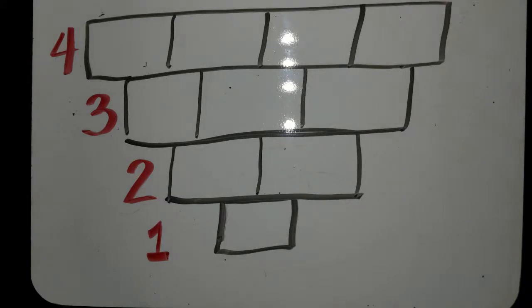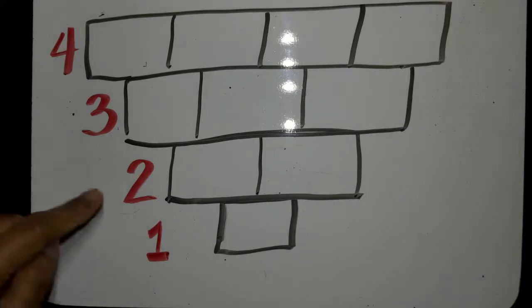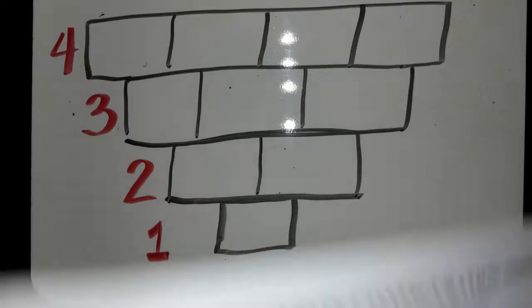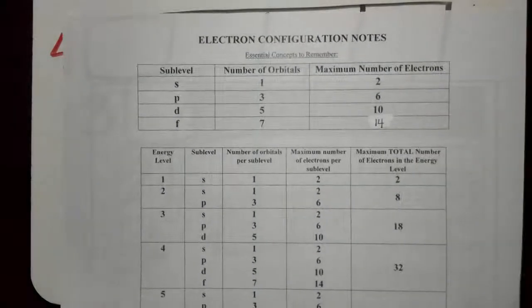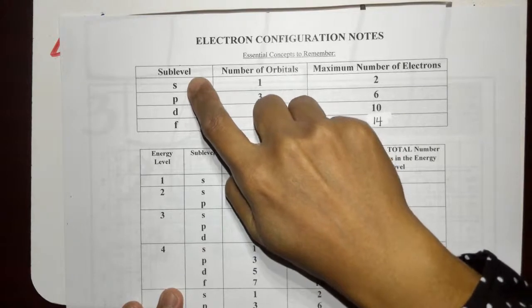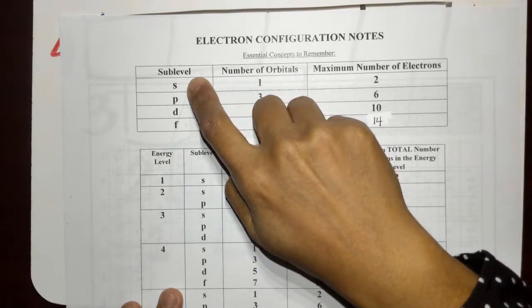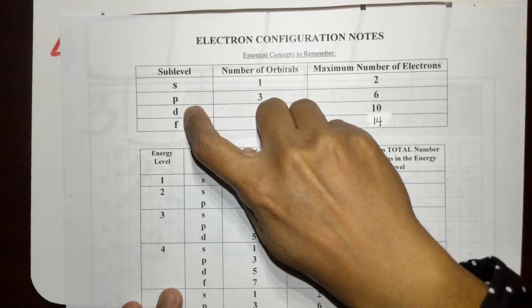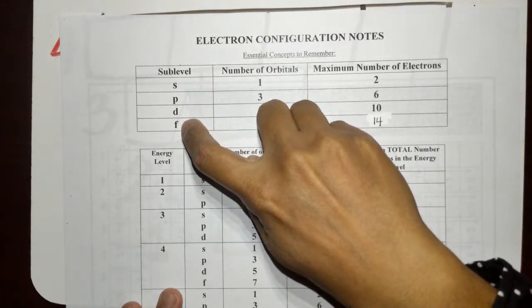The next thing we need to learn is that in every energy level, there is what we call the sub-level. So what are these sub-levels? If you look at your notes, you have 4 sub-levels, and they are with letter initials: S, P, D, and F. Let me repeat.